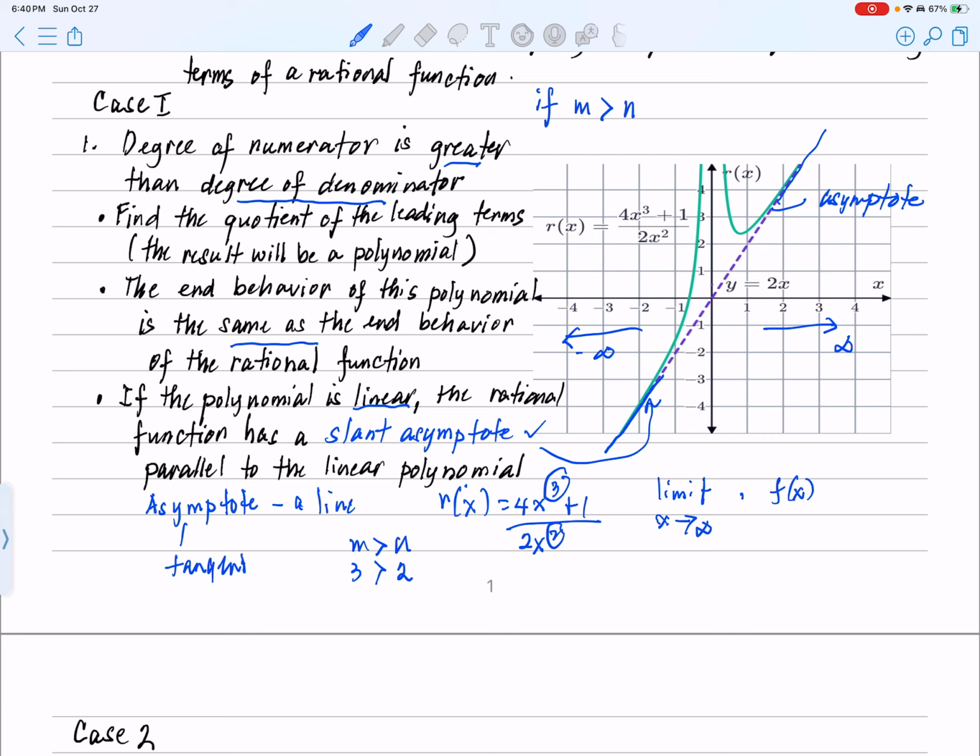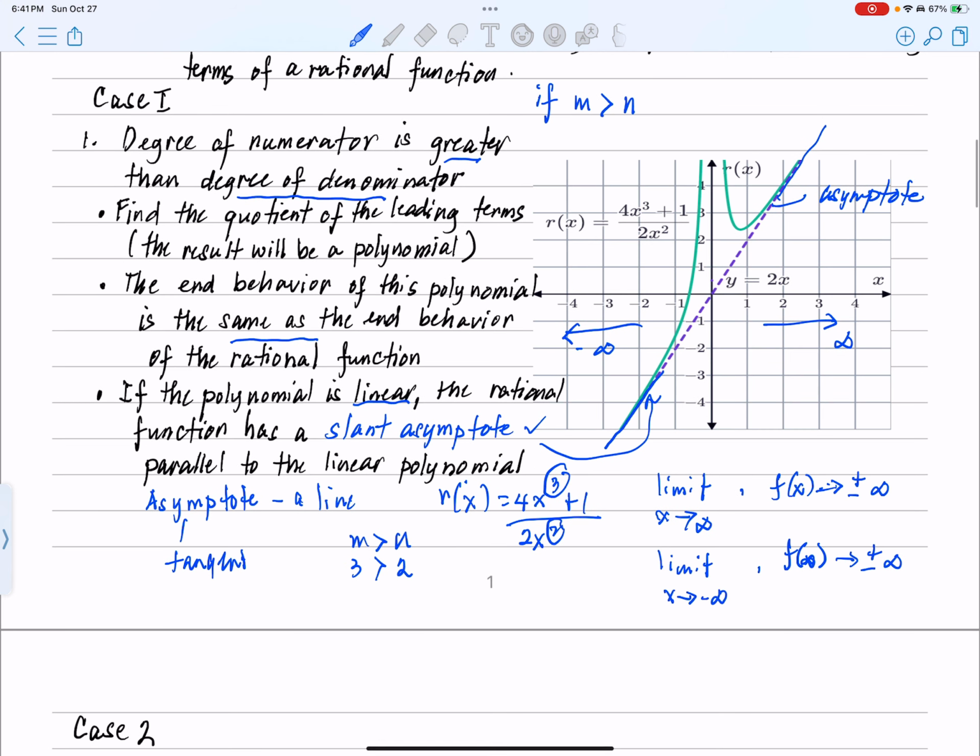We'll determine that later on. And the limit as x approaches negative infinity, the function would still be positive or negative infinity, depending on the situation given in the problem and what kind of curve we have.